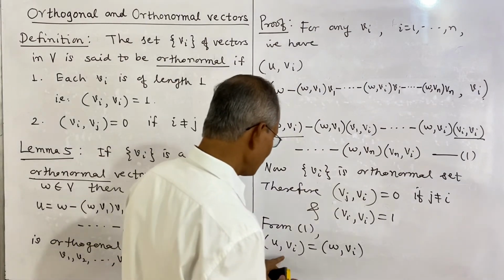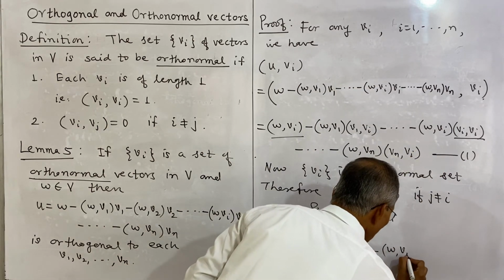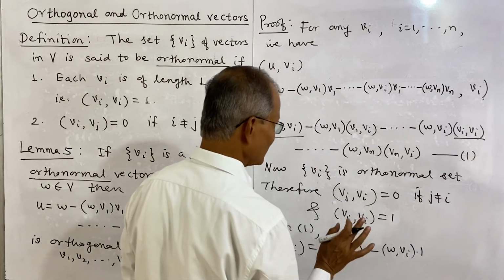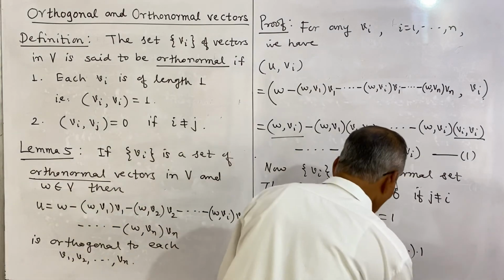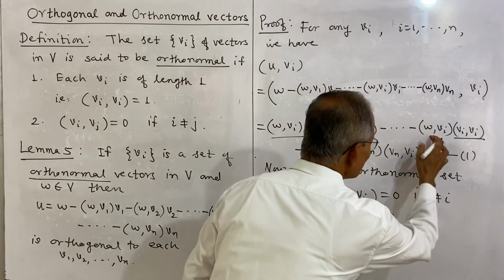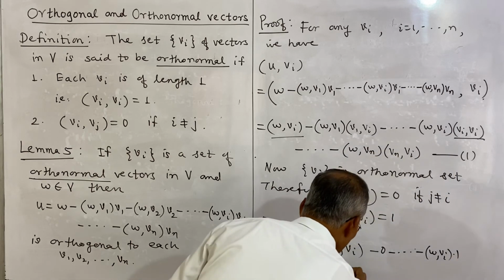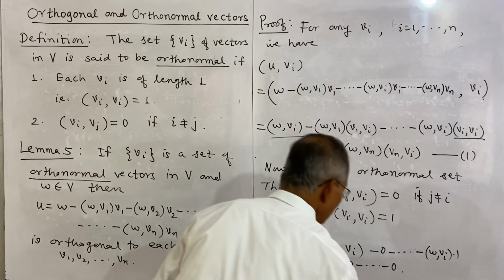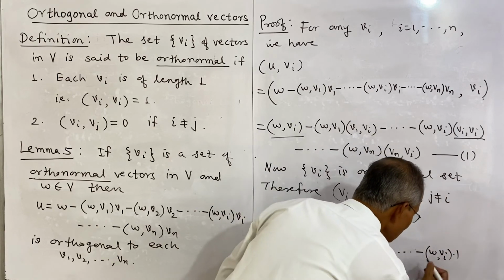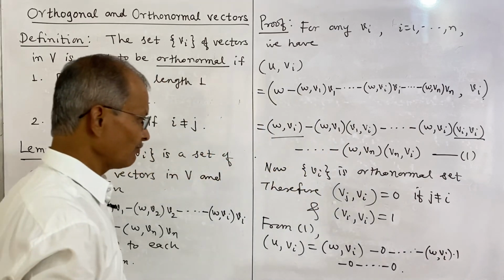So therefore we have the first term, and next is minus, this will exist, that is inner product of w with vi into 1, and remaining will be 0, and that means only this will exist, or otherwise we can write this as 0 etc. So minus 0 etc. minus, and this will exist, inner product of w with vi into 1, and minus 0 etc. remaining will be all 0, only this will exist, and thus again you see this is inner product of w and vi minus inner product of w and vi, and therefore it will be equal to 0.